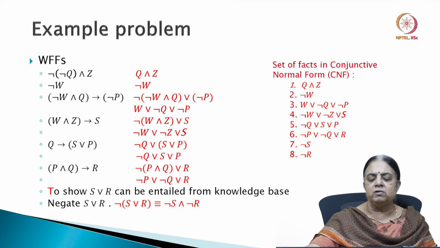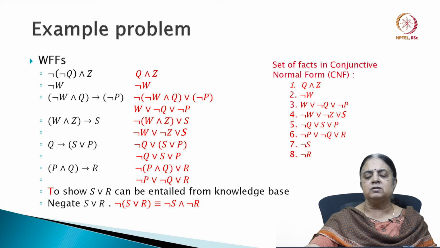Not S and not R are taken as two separate sentences. Conjunctive normal form means your knowledge base will consist of 1 and 2 and 3 and 4, etc. So when you say not S and not R, you take them separately, as two different clauses. This would be your conjunctive normal form.